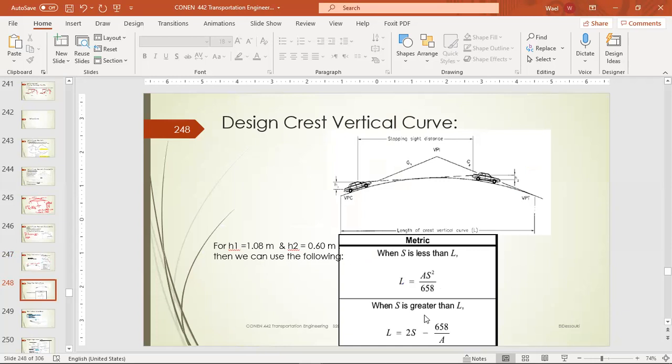H1 of 1.08 reflects the height of the eye of the driver in an average sedan car. H2 is the height of the obstacle on the other side that we are trying to avoid.